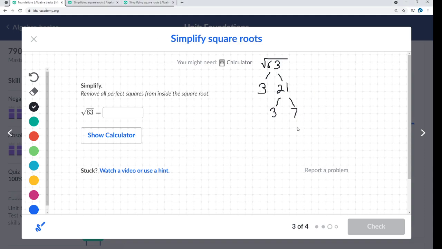So you can't divide it by 3. Pretty sure 7 is a prime number, right? So it can't be divided by anything but itself and 1.